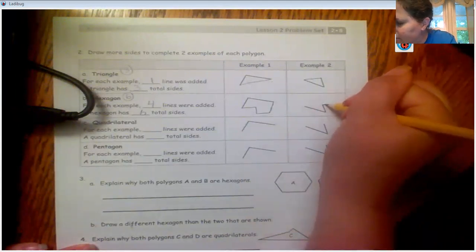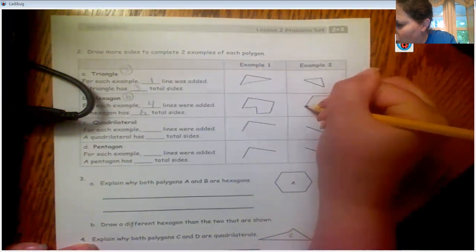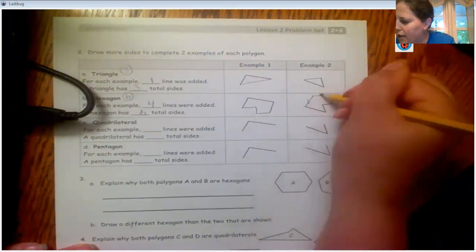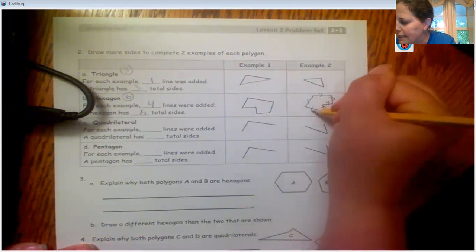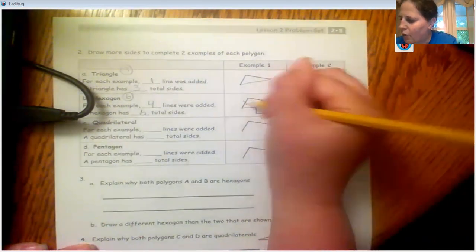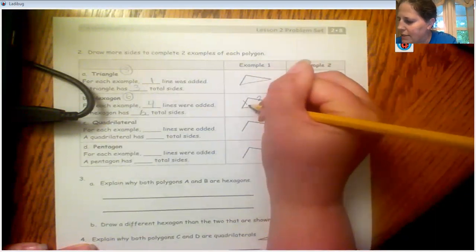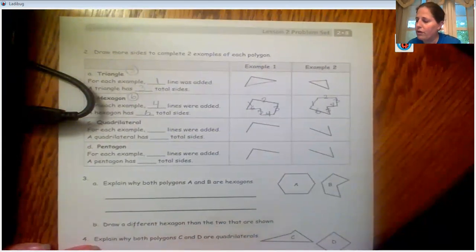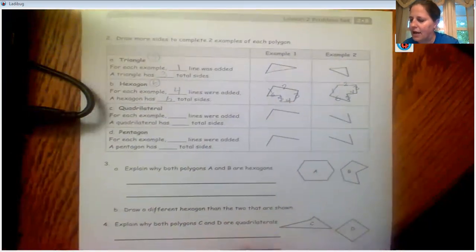So I'm going to come straight over and make 1, 2, 3, 4 sides. So now I have 6 sides here, and 6 sides here. So I added 4 lines to each example to get a total of 6 sides.